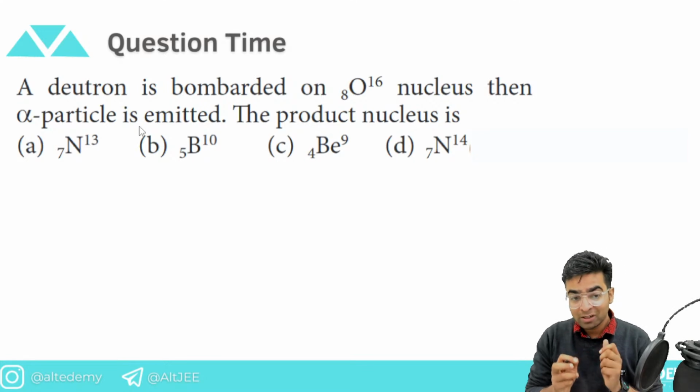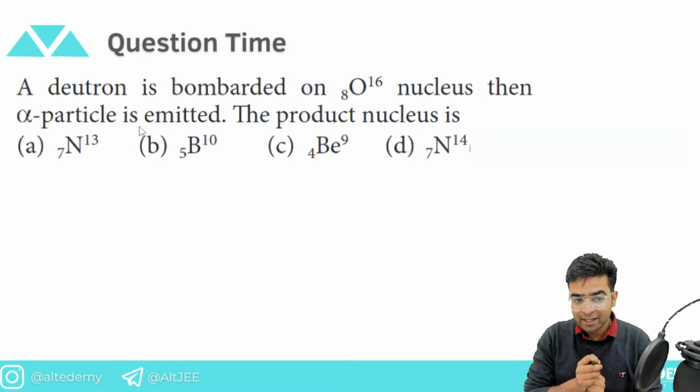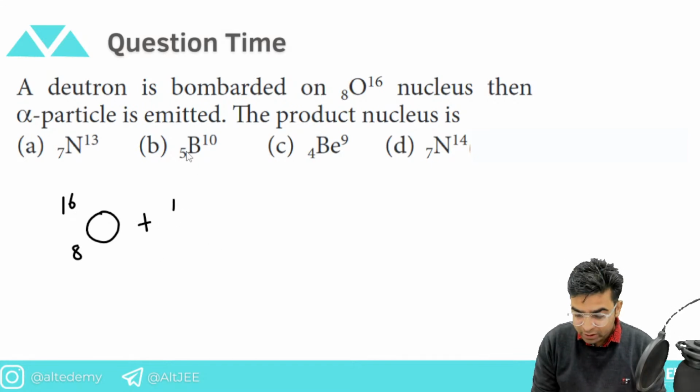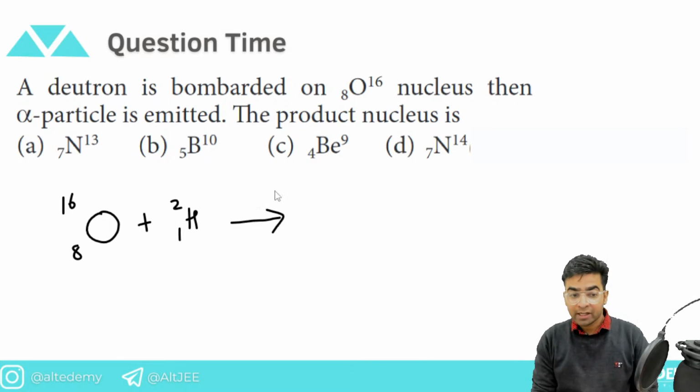We have bombarded it in, and then what will happen? I am writing the question. There is oxygen 8O16 plus the deuteron 1H2, and an alpha particle is emitted.